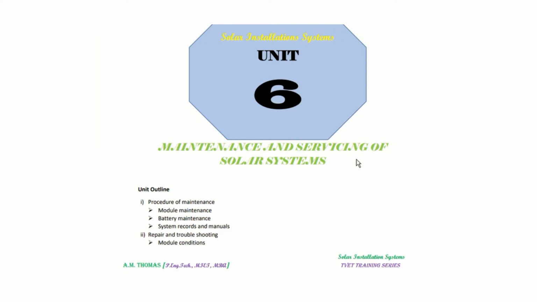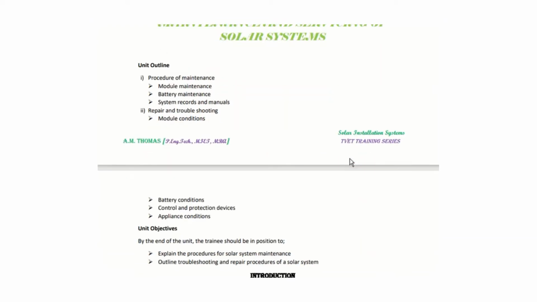In this topic, we are going to look at the procedure of maintenance, the module maintenance, battery maintenance, system records and manuals. We're also going to look at the repairs and troubleshooting of module conditions, battery conditions, control and protection devices, appliance conditions.